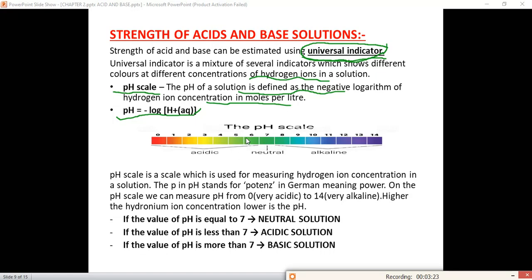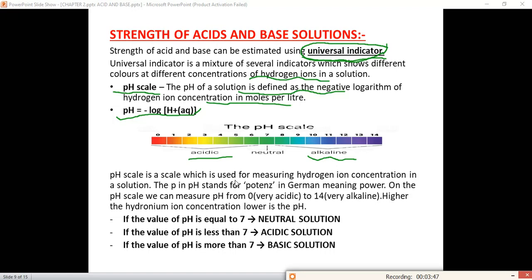Substances with pH less than 7 are acidic in nature, and substances with pH more than 7 are alkaline in nature. So we have three types of division in this pH scale: acidic, neutral and alkaline, and the numbers are from 0 to 14.